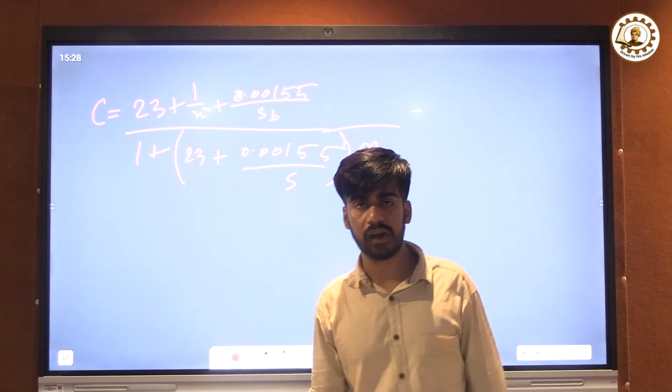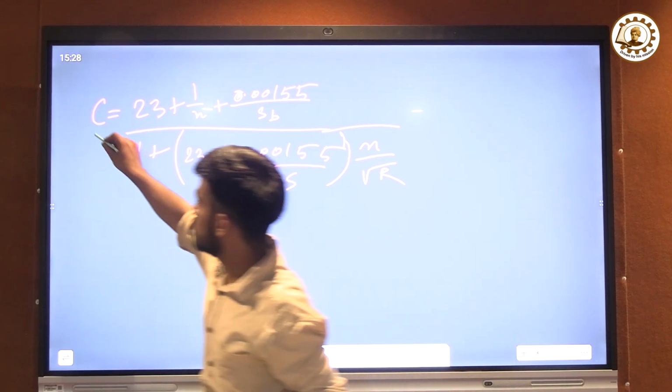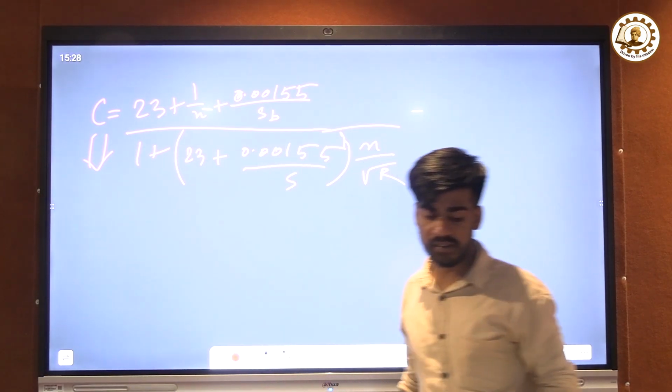This is called the Carter coefficient for determining the Chezy's constant, or Carter's formula for determining Chezy's constant.